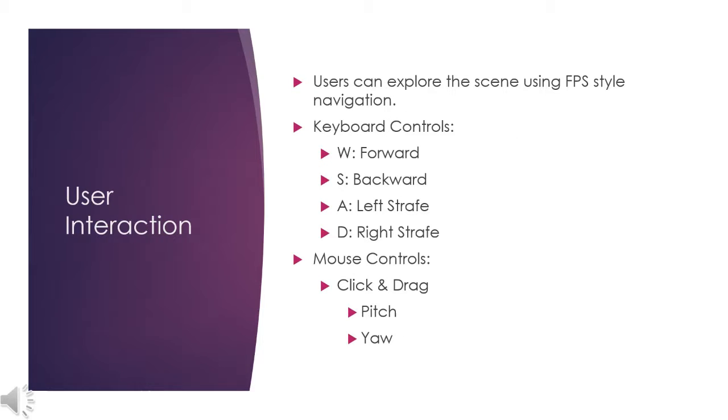Because it is just a simple scene, the only thing the user can do is explore the scene using the FPS style navigation. The keyboard controls are the WASD keys: W is forward, S is backwards, A and D are strafing left and right. For the mouse controls, you will click and drag the left mouse button and it will control the pitch and yaw.